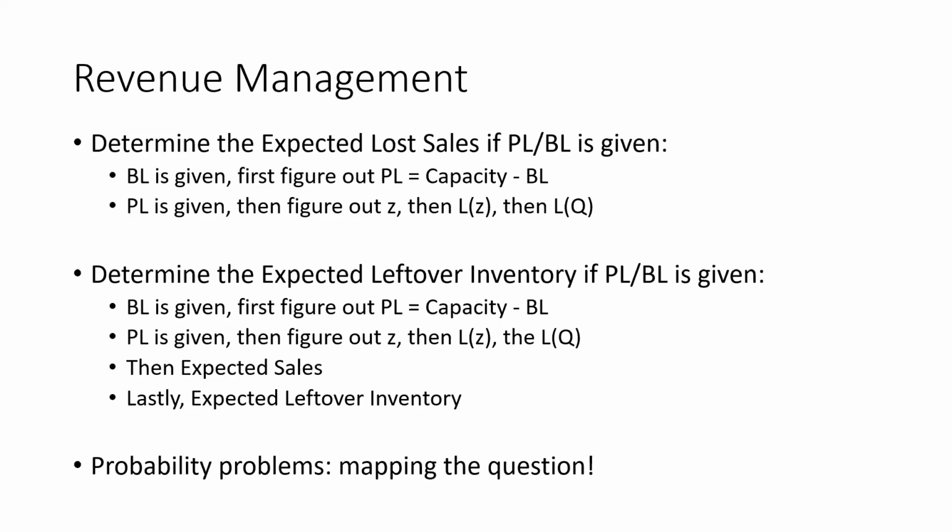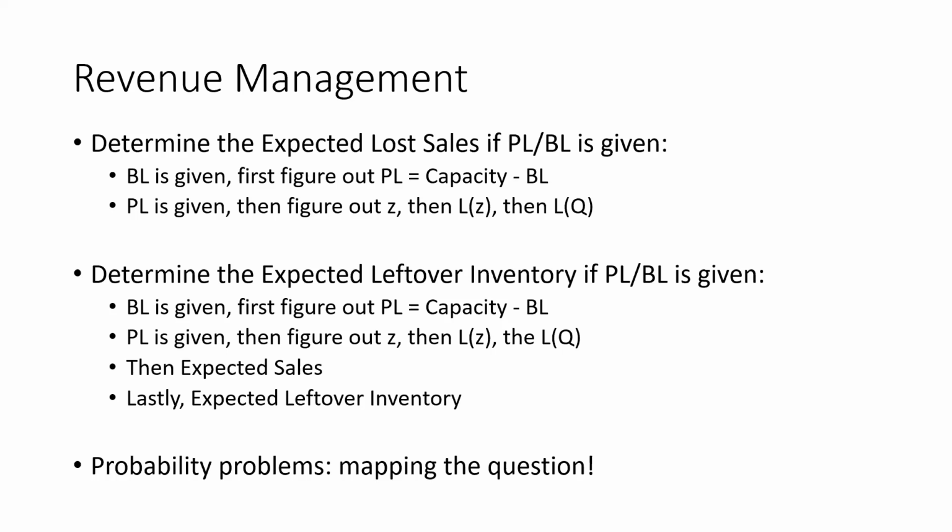Once you figure out the protection level, you figure out the Z value by standardizing the protection level Q, and then find the loss of L of Z and then L of Q.